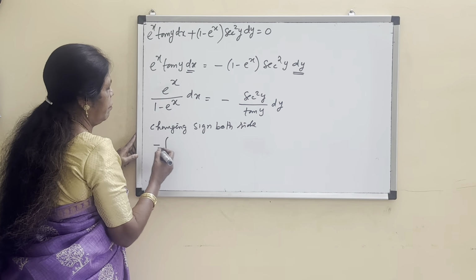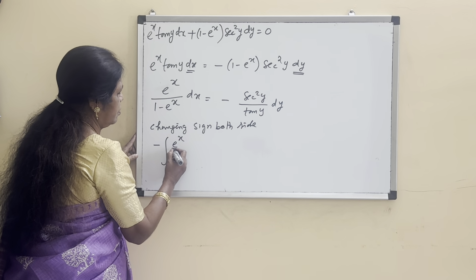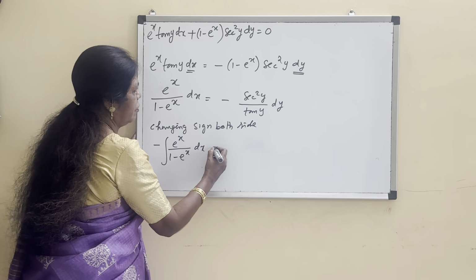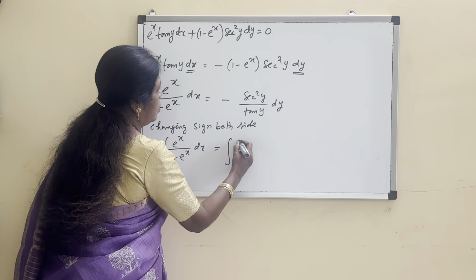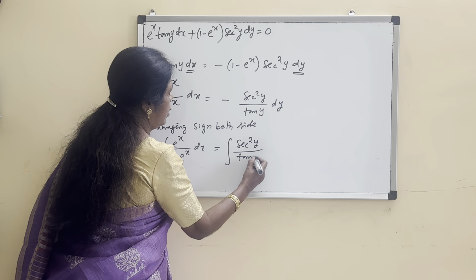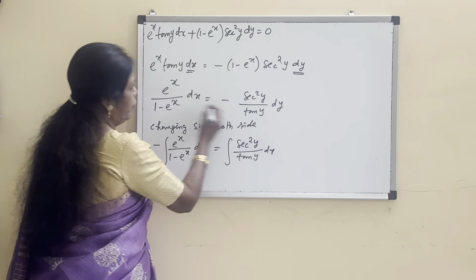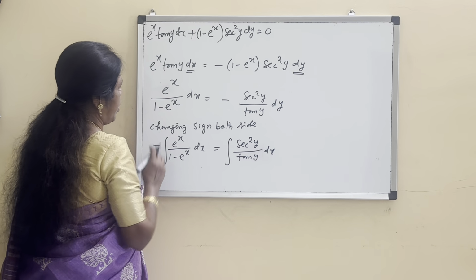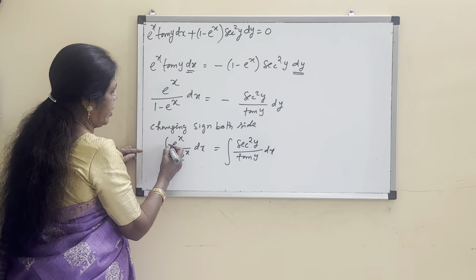We have separated the variables. I am going to use the integration symbol: integration of e power x by 1 minus e power x into dx equal to integration of secant squared y by tan y into dy. I have changed the sign both sides, so it will become minus, this will become plus.